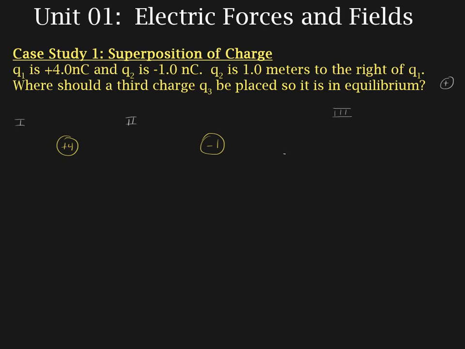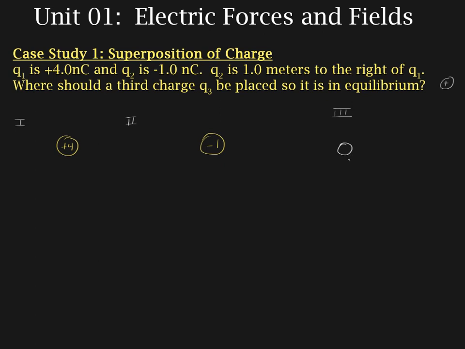And then you get into region 3. In region 3, the -1 is going to be pulling the positive charge to the left, and the +4 is going to be pushing the positive charge to the right. And so somewhere to the right of the -1 charge is going to be a place where there is equilibrium. Not only are the forces equal, but they are also in opposite directions. So we know out here somewhere is where it's going to be located.